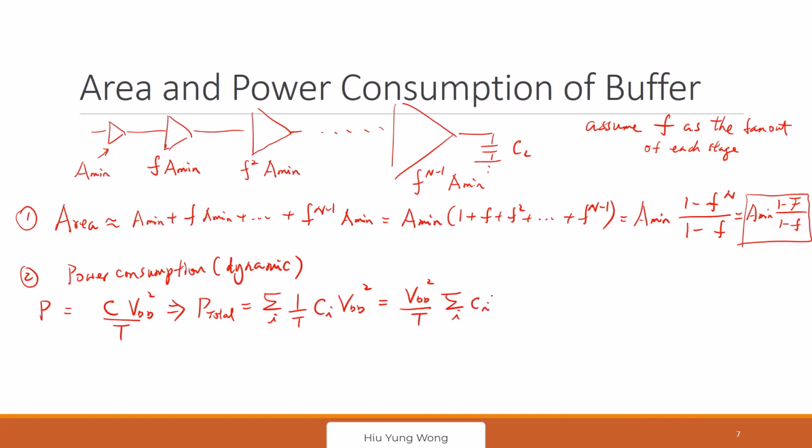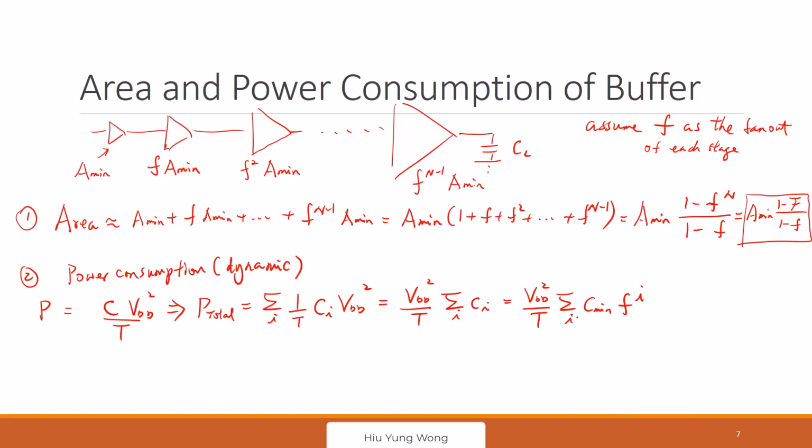But what is CI? CI is proportional to area, and area again depends on the stage. So this is nothing but just C mean F to the power I.